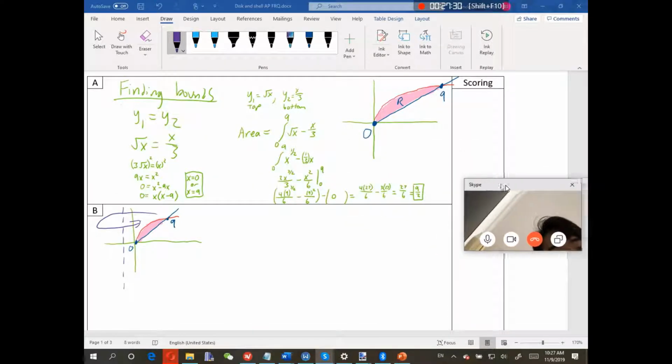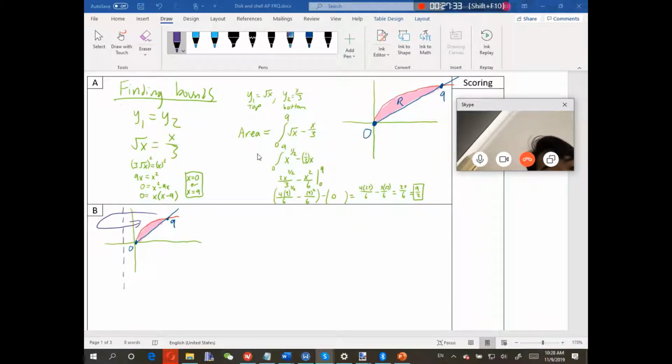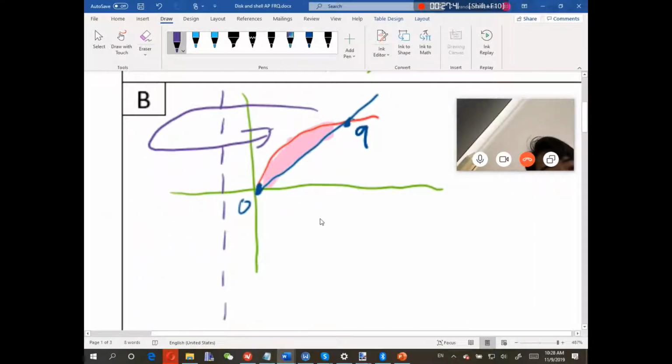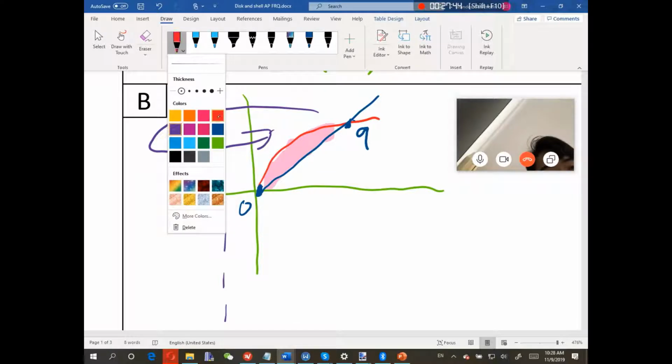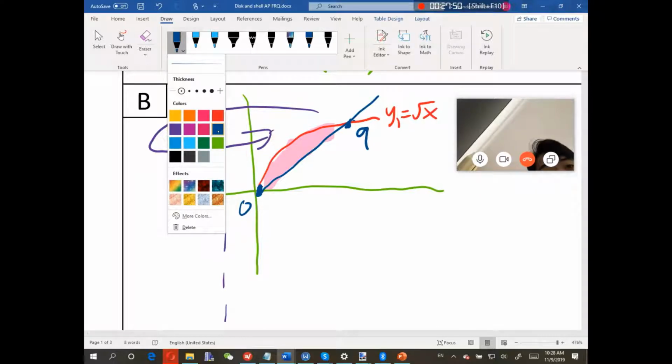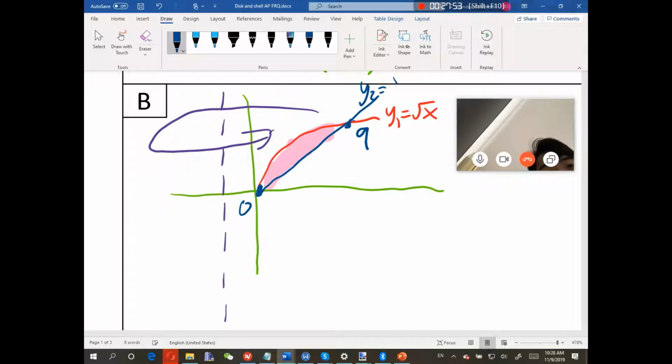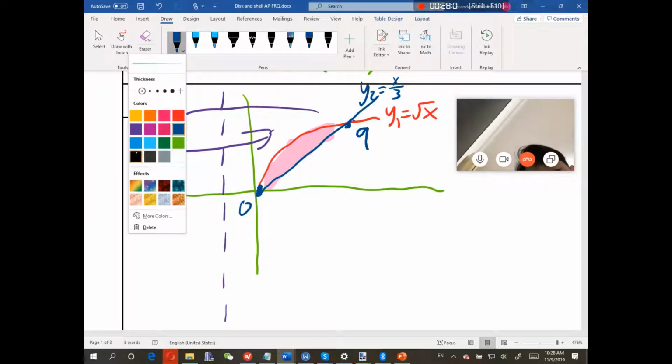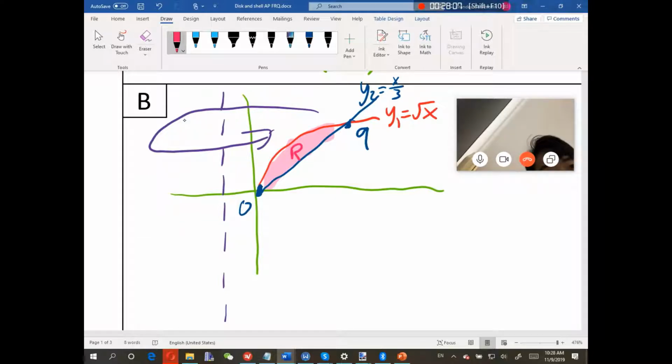Okay, so for our function, we had y equals root x, and y2 was x over 3. So I'll zoom in. This is y1 equals the square root of x, and y2 equals x over 3. I wanted to take this space that's in the middle, so this region R, and spin that about this axis of rotation.